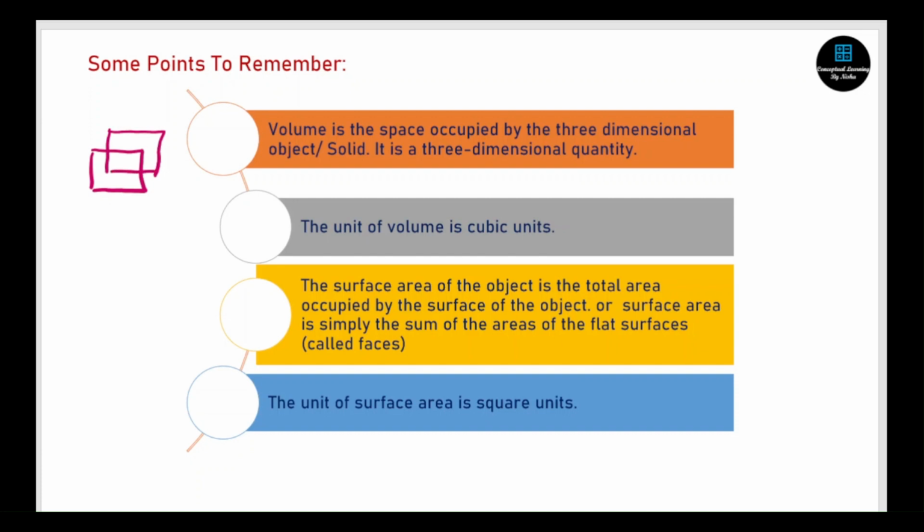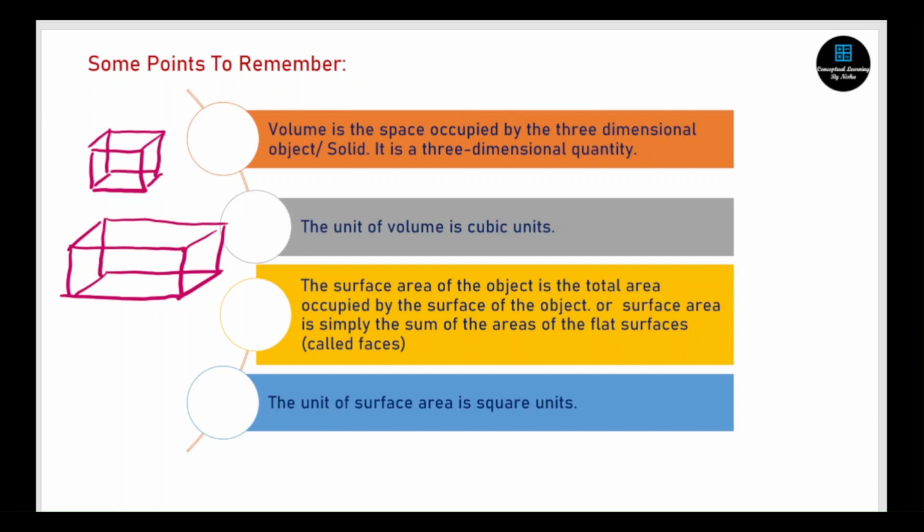This is the three-dimensional object which is called a cube. And in the same way, if you draw a three-dimensional object with a rectangle, then that makes the cuboid, right? So this is the cuboid, which you already learned.